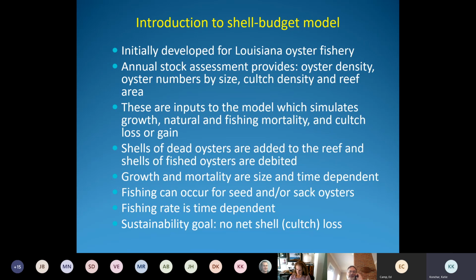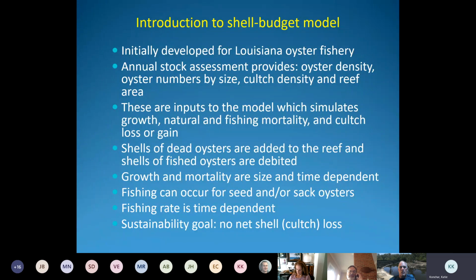We've developed equations on growth and mortality that are size and time dependent. The equations for growth and mortality are also now linked to specific values of salinity and temperature.